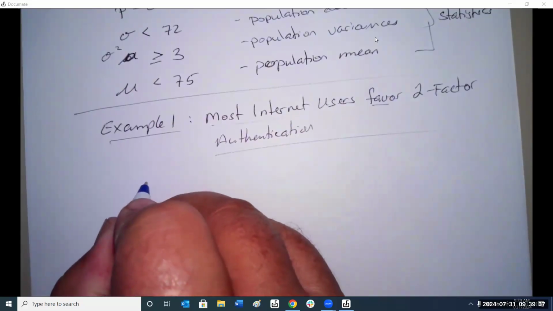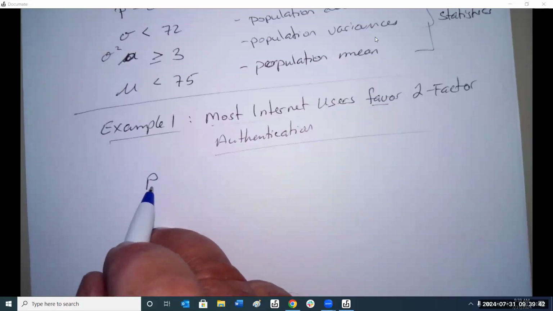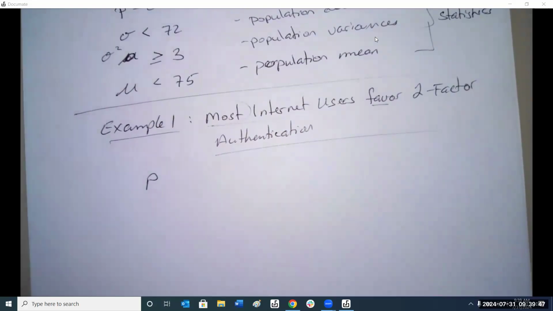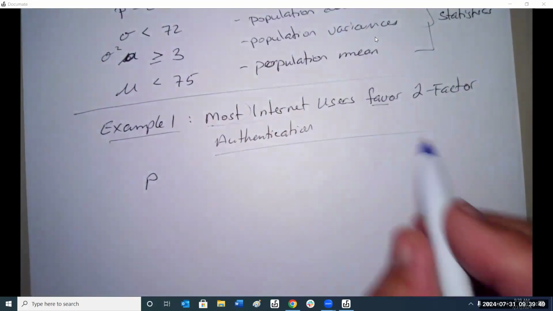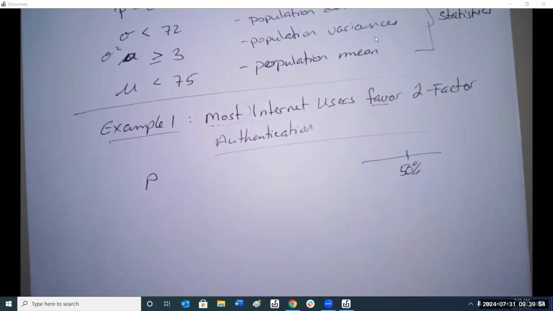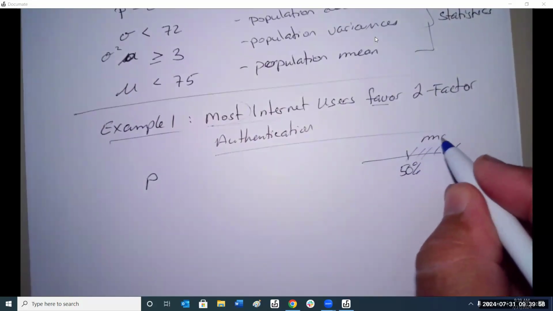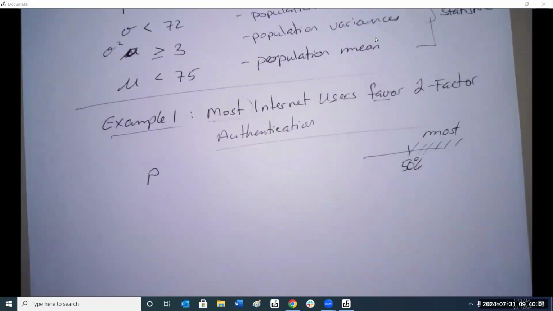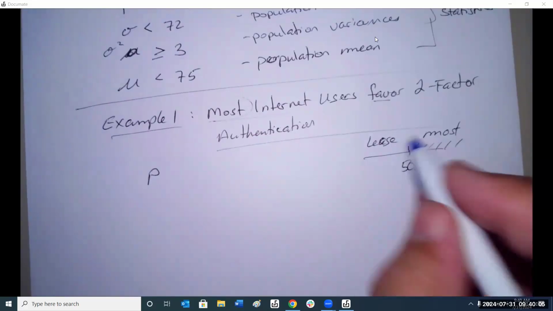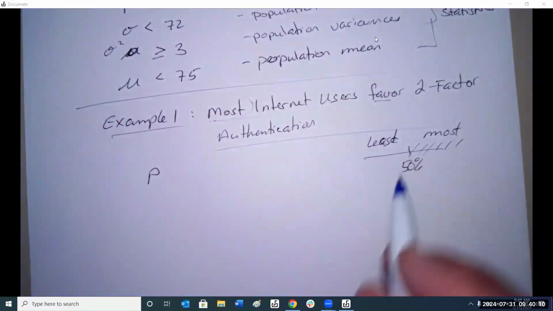So we'll get the proportion here. So the proportion of people, what defines most? It's a very ambiguous term. All we can think about is we have 50% here. Anything bigger than 50% is most. Least, or lesser.